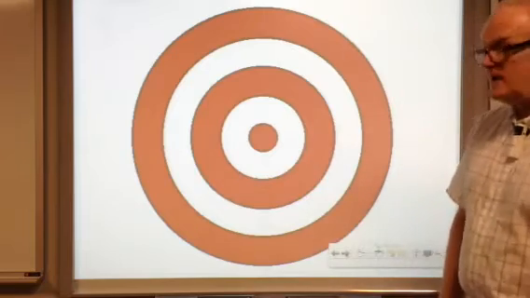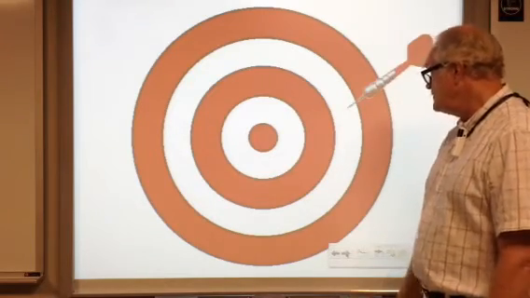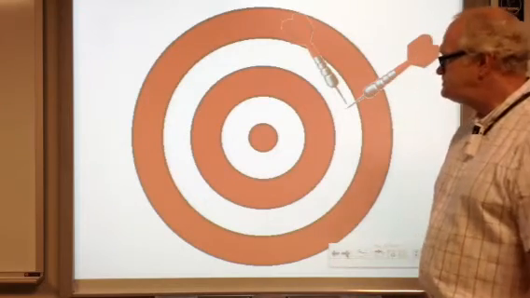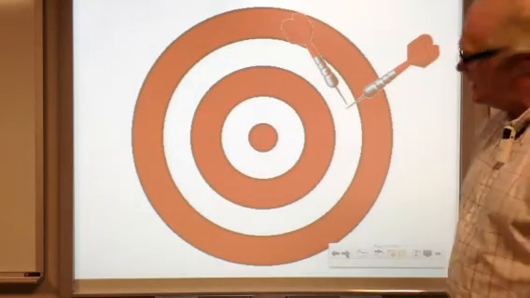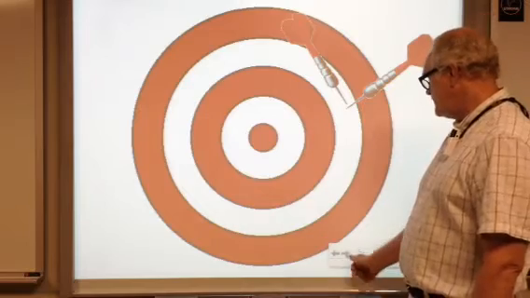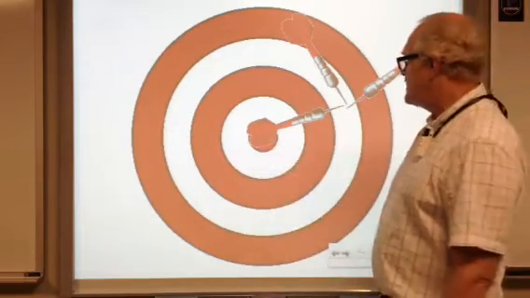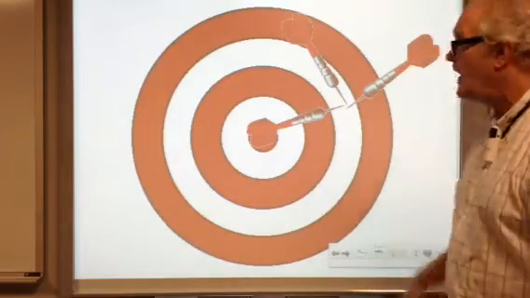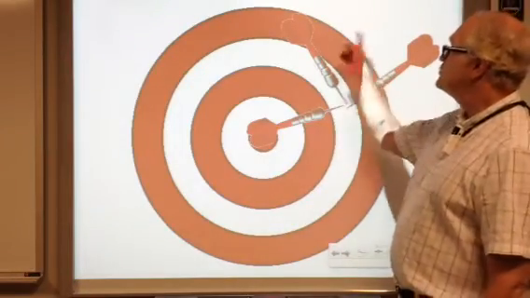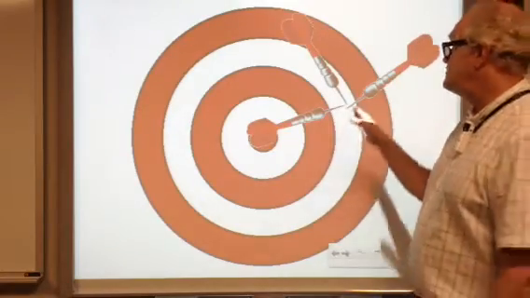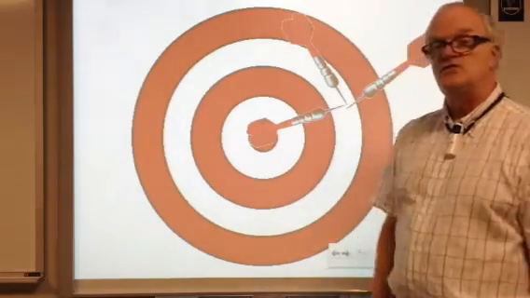How about one more example? Here's our target. We throw a dart, miss the target, an inaccurate throw. We throw another dart. Again, we miss the target, also inaccurate. We throw a third one. Again, we miss the bullseye, not an accurate throw, but as a group, these throws are very precise because they all landed very close to one another.